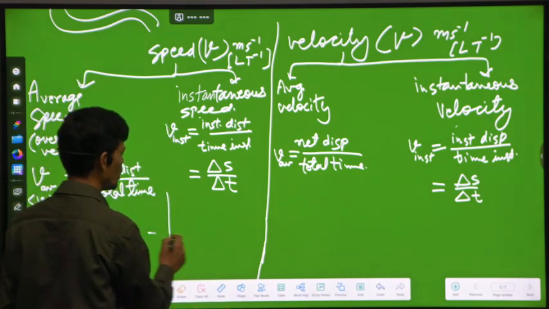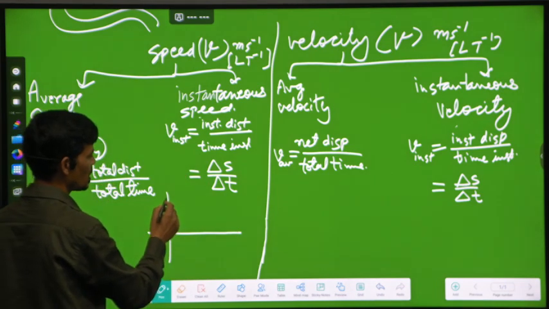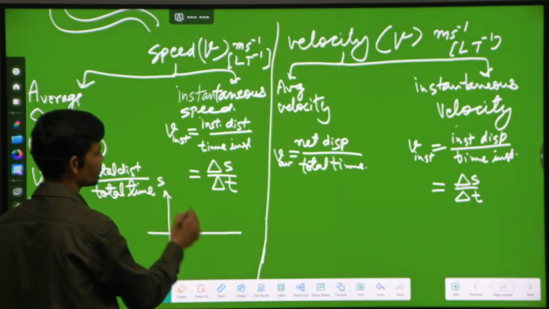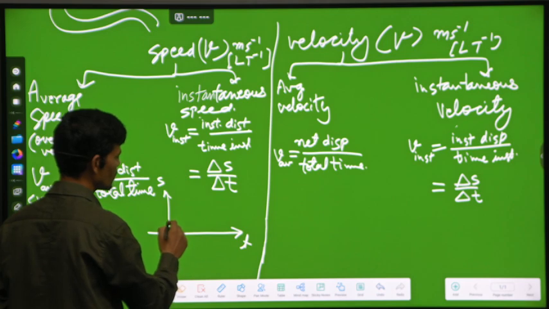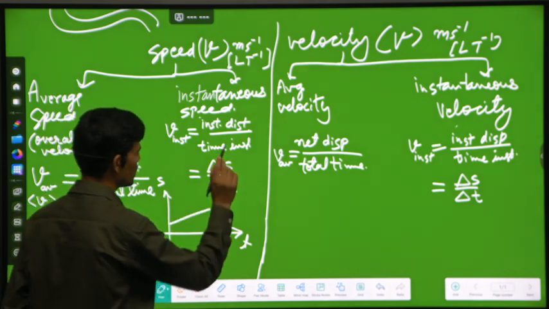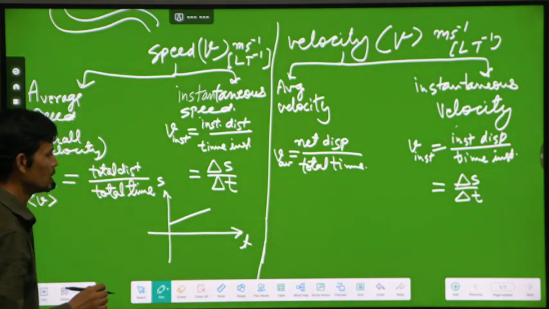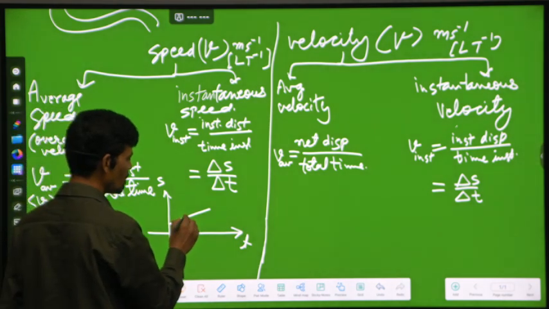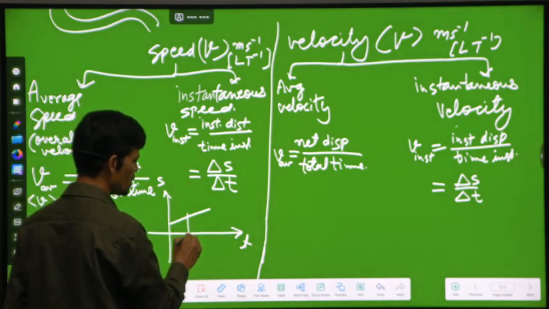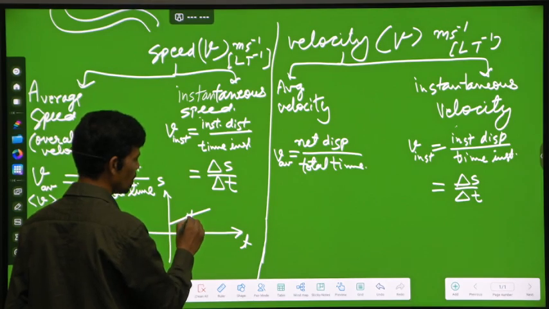If we draw a distance-time graph here, and if this is the graph, then for a small instant I take a smaller portion of it, this much small.